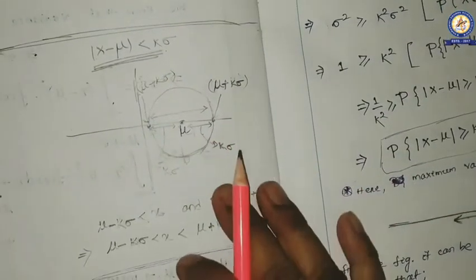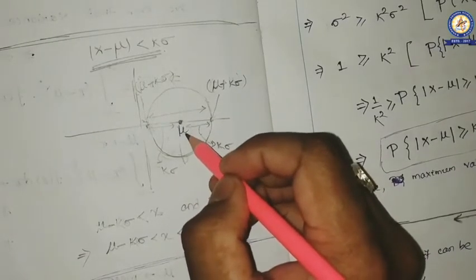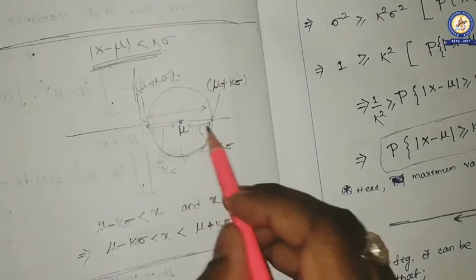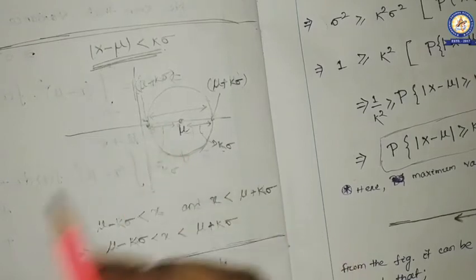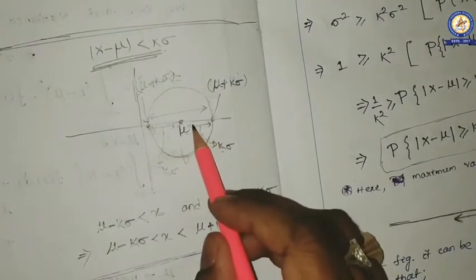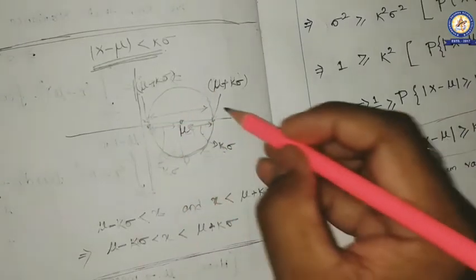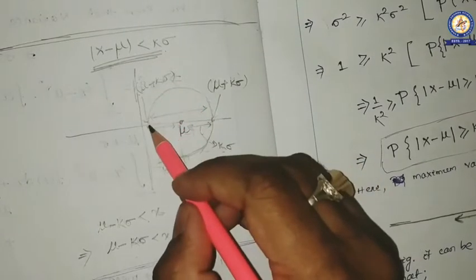Okay, so here you can see that this is our mean value, that is mu, and this distance on this side is k sigma, and this distance is also k sigma, which is called the radius of this circle, right? And this point is mu plus k sigma. Mu minus k sigma belongs to this point.